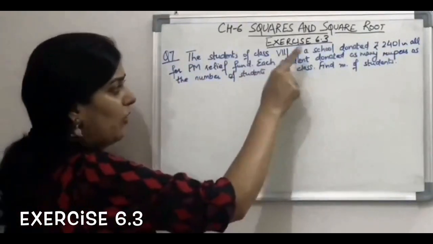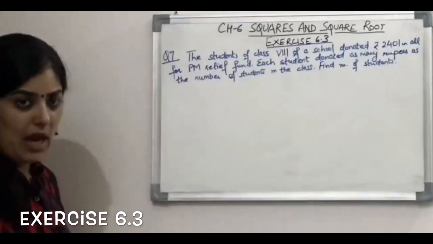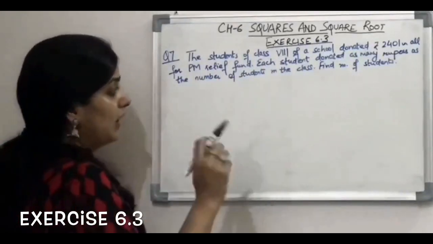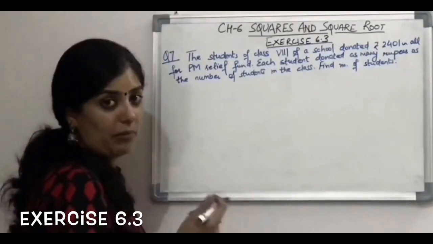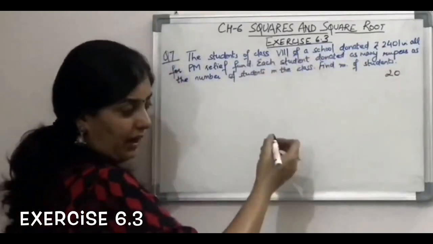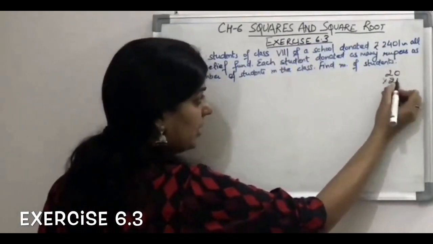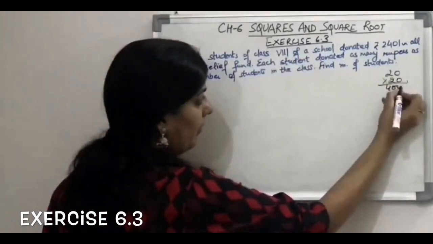Each student donated as many rupees as the number of students in the class. हर बच्चे ने उतने ही पैसे दिए जितनी total strength थी class की, जितने total number of students थे class में. Suppose we have 20 students in class, then each student gives 20 rupees and 20 into 20, the total will be 400.